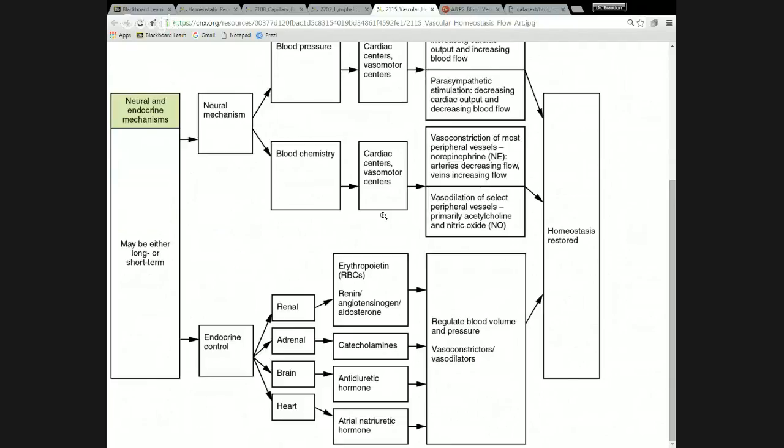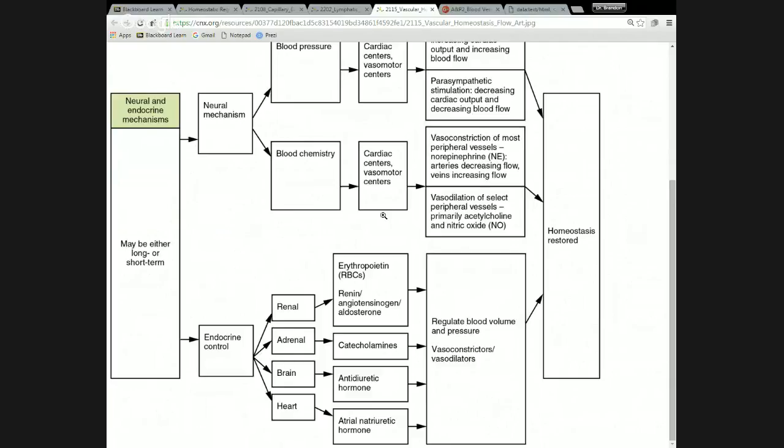So the neural mechanism, basically meaning the autonomic system, can regulate blood pressure as well as the chemistry of blood, what's present in the blood and how that will affect it. In the medulla, we already met the cardiovascular centers, and there are specifically regions in the medulla called vasomotor centers, controlling the muscles of blood vessels, instead of the heart muscle that we met for cardiac output in last chapter.